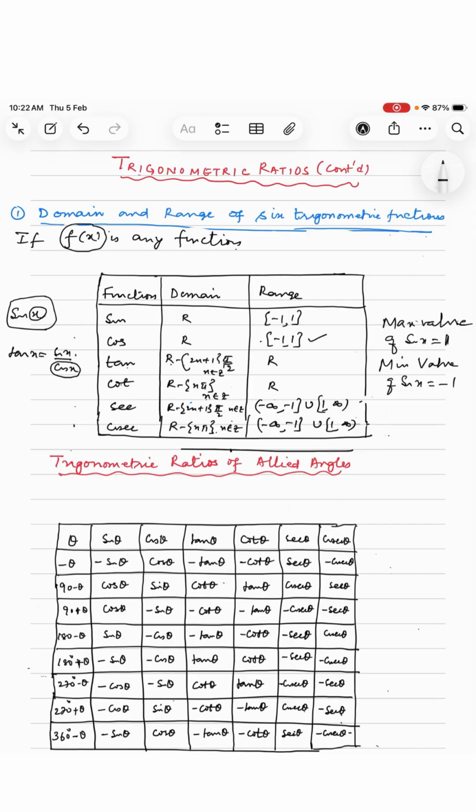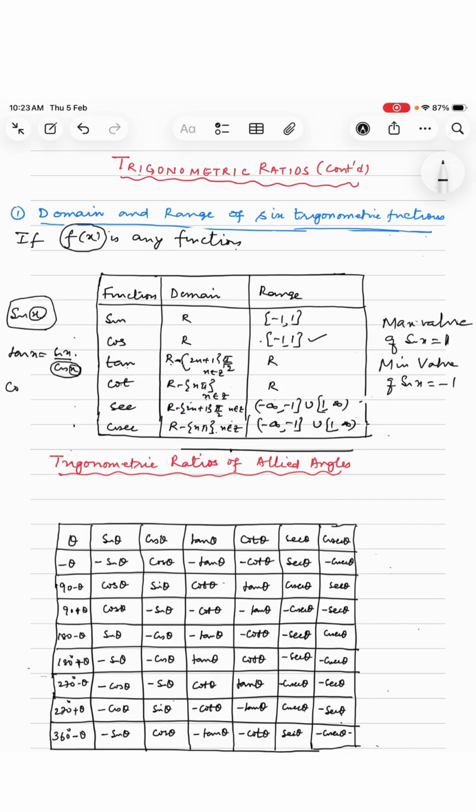Tan x will not be defined. That is why x cannot take odd multiples of 90 in the domain of tan x. That is why the domain of tan x is all real numbers minus (2n plus 1) into pi by 2, n belongs to Z, n is an integer. Range of tan x is R.